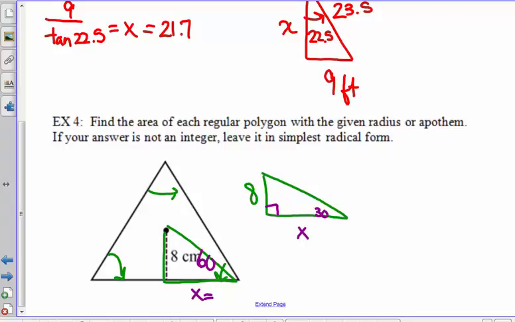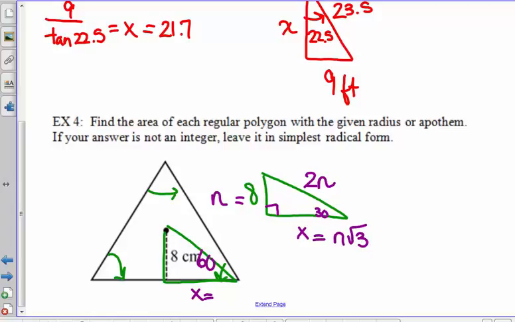So I know that if I have a 30-60-90, the short leg represents n, the hypotenuse represents 2n, and the long leg represents n root 3.